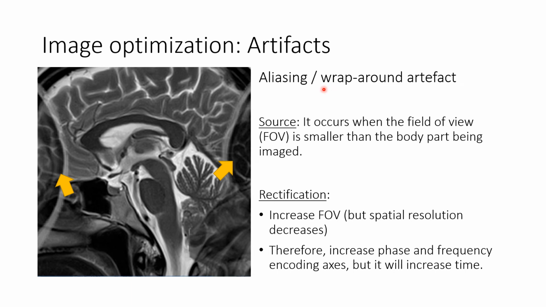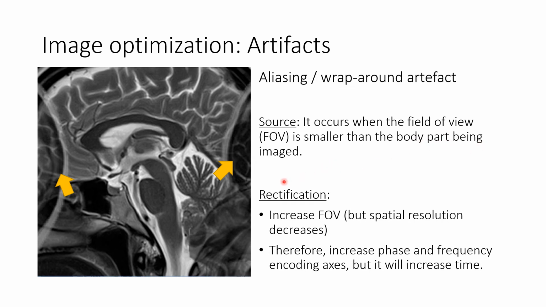Wrap around artifact, or aliasing artifact. This is the common artifact that happens at our center. It occurs when the field of view, or FOV, being used is smaller than the body part being imaged.